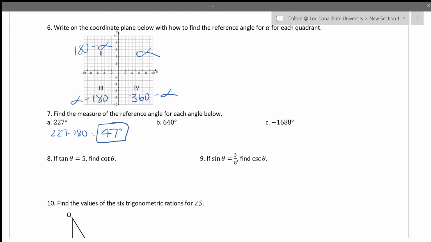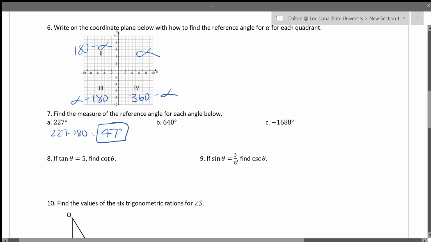For 7 part B, 640. Now, 640 as it is does not lie between 0 and 360. So what I would do first is find the coterminal angle between 0 and 360 degrees first.